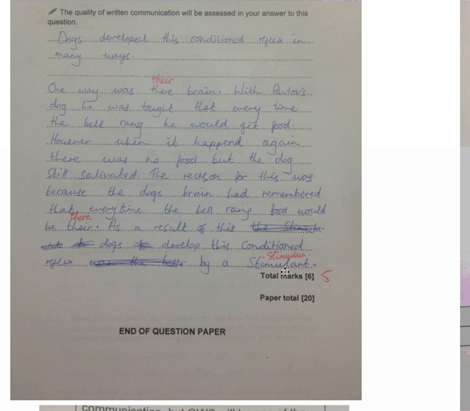So it's something that makes your body more active. We're not talking about a stimulant. We're talking about a stimulus, something that causes a reaction in the body. So think, something that causes something to happen is called the stimulus. So this student has muddled up the words a little bit there. So that's the reason that I didn't give it the full marks.